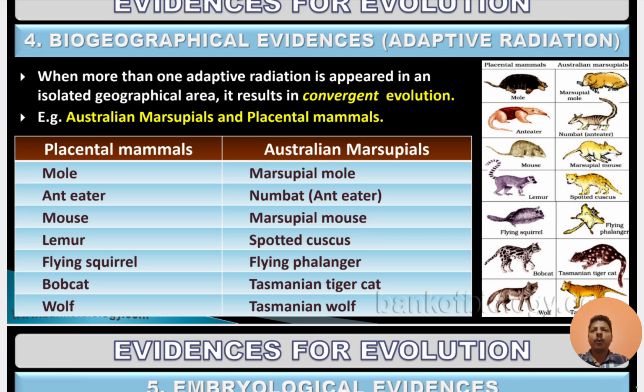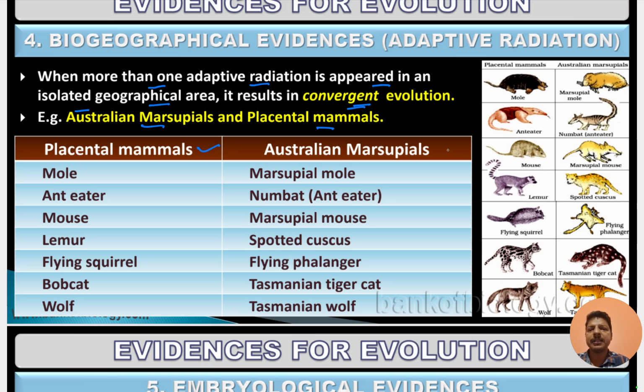When more than one adaptive radiation appears in an isolated geographical area, it results in convergent evolution. Example, Australian marsupials and placental mammals.